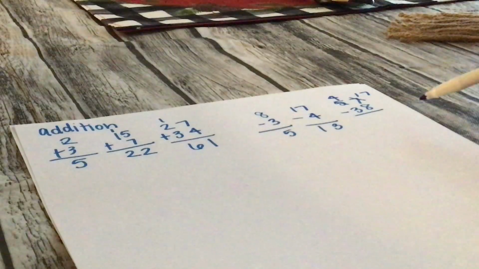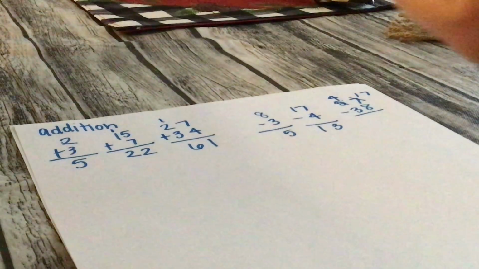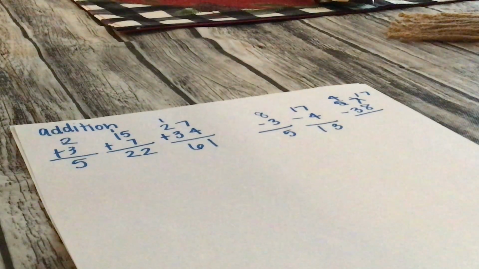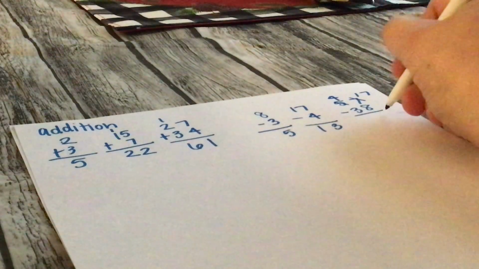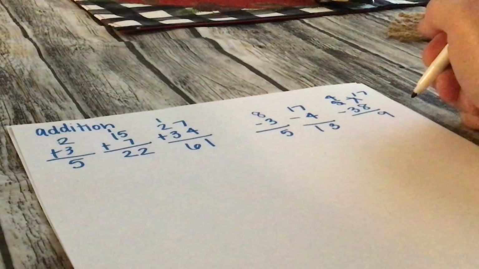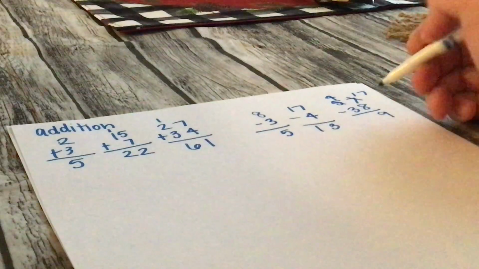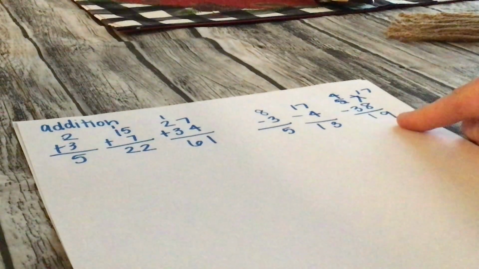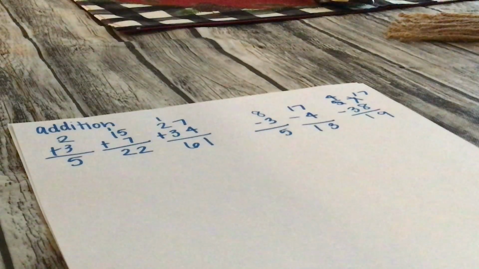So we have 17 minus 8, so we have 17, 16, 15, 14, 13, 12, 11, 10, 9, 8. So we know that 9 plus 8 would be 17, so our difference here would be 9. And then we have 4 minus 3, which is 1. So the difference for this problem would be 19.